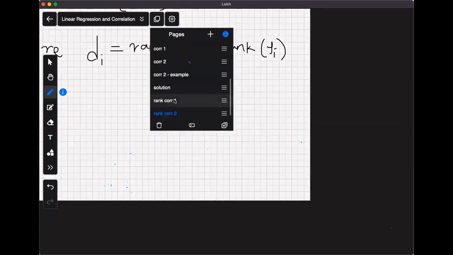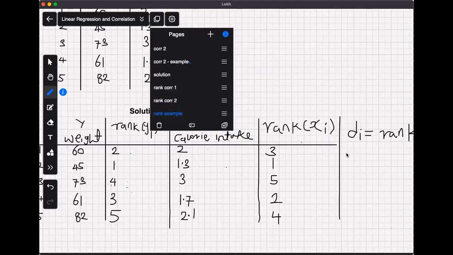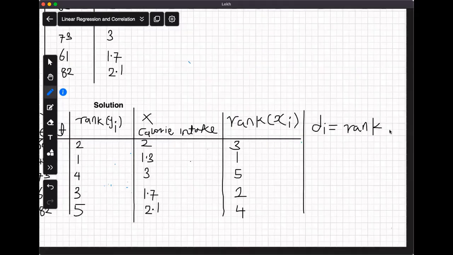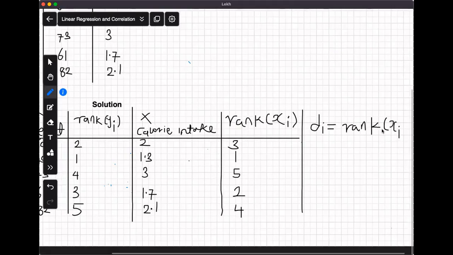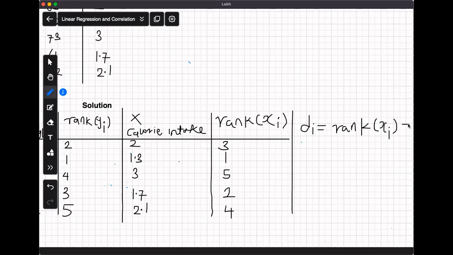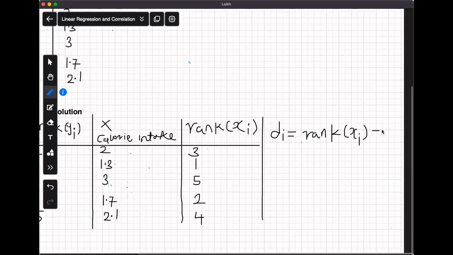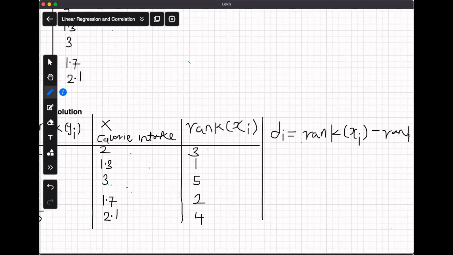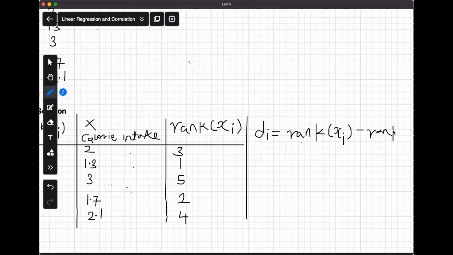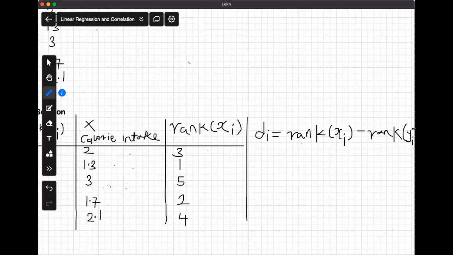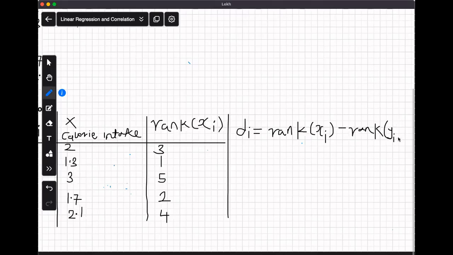Okay, why xi? I want to be consistent with what I've written before. Xi minus rank yi.